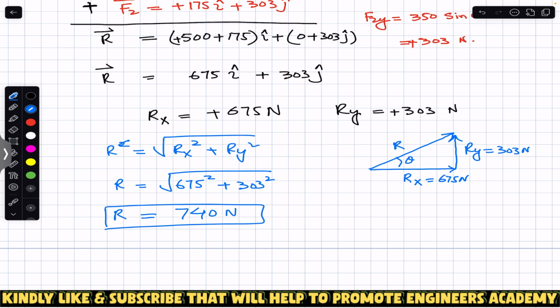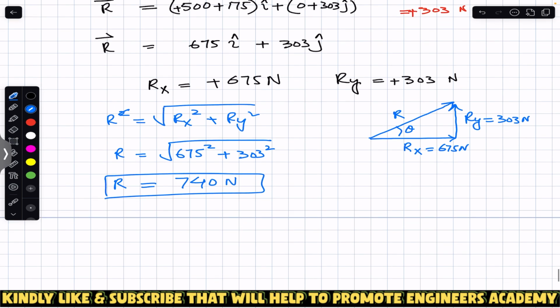And in order to find that angle theta, we can apply tan theta to this right angle triangle. So we can say that tan theta is equal to the opposite side divided by the adjacent side, so which is ry over rx. Ry is 303 Newton and rx is 675.